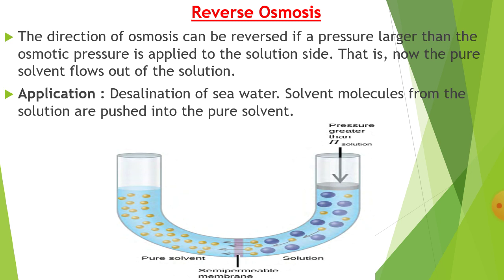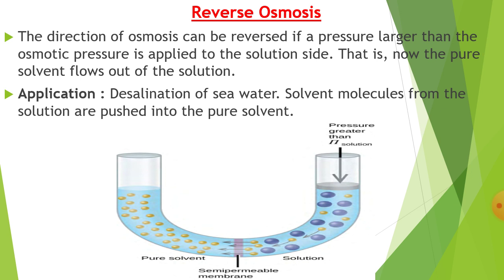Here, to reverse this process, we have to apply more pressure than the osmotic pressure to the solution side. That's why the water molecules or solvent molecules move from solution to pure solvent, and this process is also used in the purification of water.